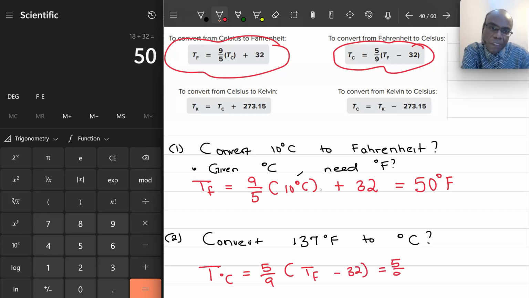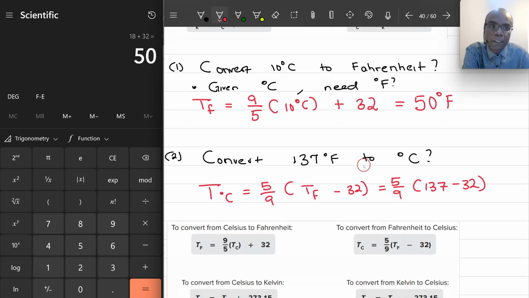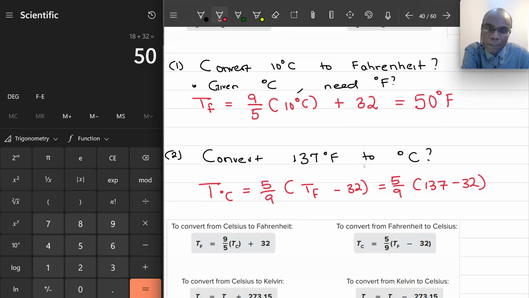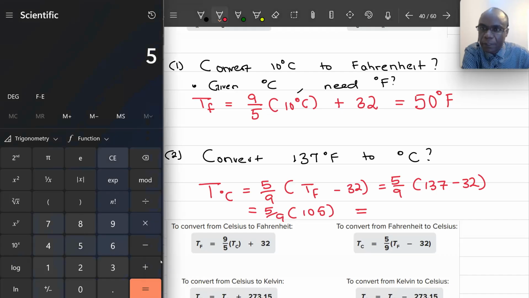So it's going to be 5/9, 137 minus 32. Okay, we keep going, and that's going to be equal to 5/9. We take here 137. I subtract 32, 105, and that will be, so I cancel this.